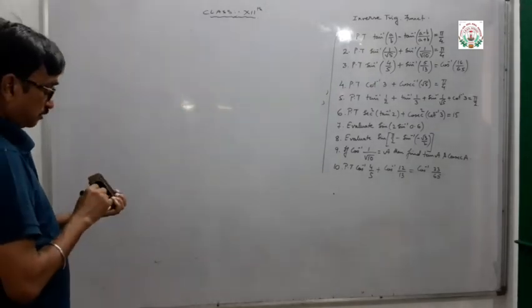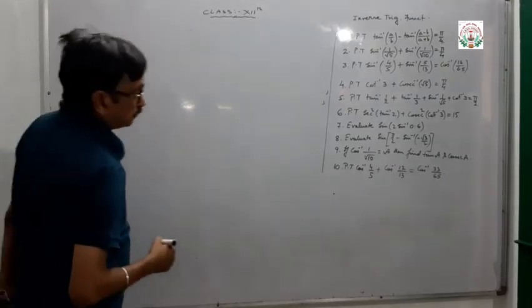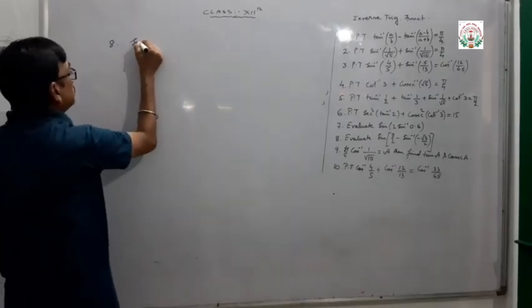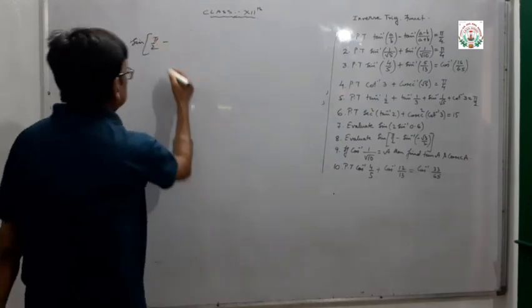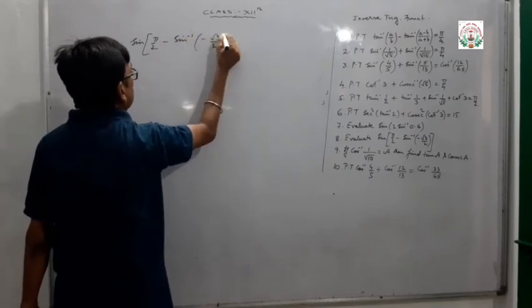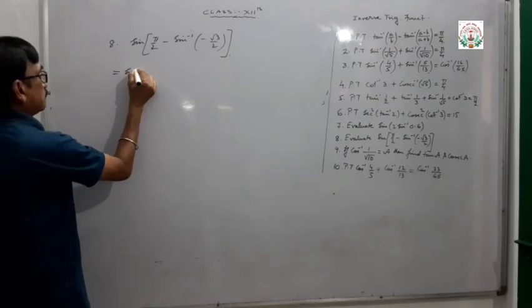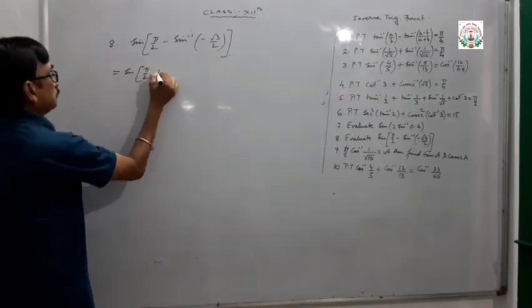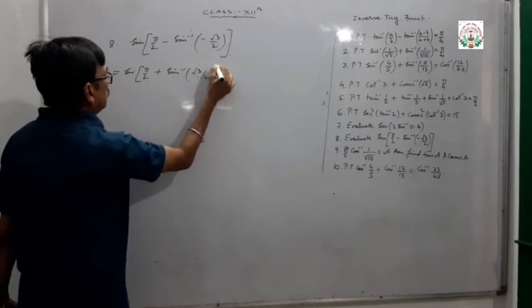Now question number 8, evaluate sine of pi by 2 minus sine inverse of minus root 3 by 2. So sine of pi by 2 plus sine inverse of root 3 by 2.